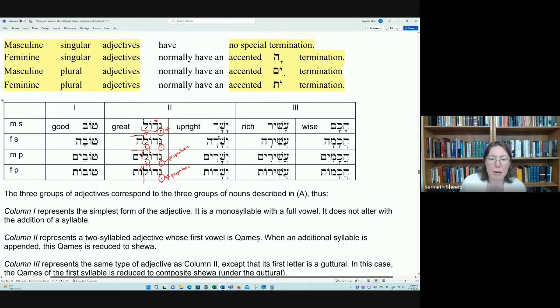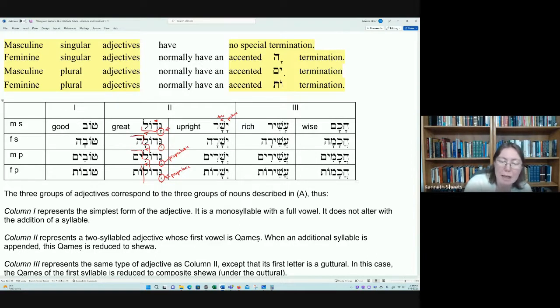And same thing here with this word, yashar, which is the idea of upright, just, straight. So yashar, here is the accented syllable, so there's the tone syllable, and then the ya would be pretone. No problem there.